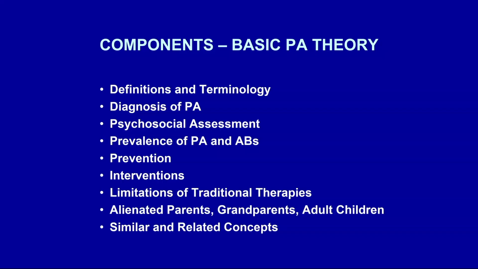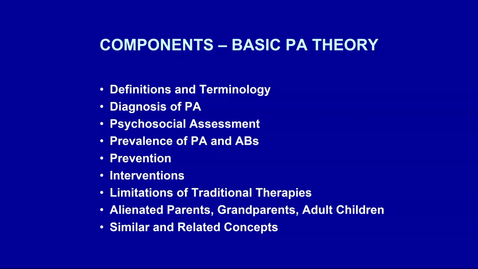So some of this is obvious, like definitions and how you do a diagnosis, the prevalence, and we distinguish between parental alienation in the child and alienating behaviors, the prevalence of those in the parents, and so on.